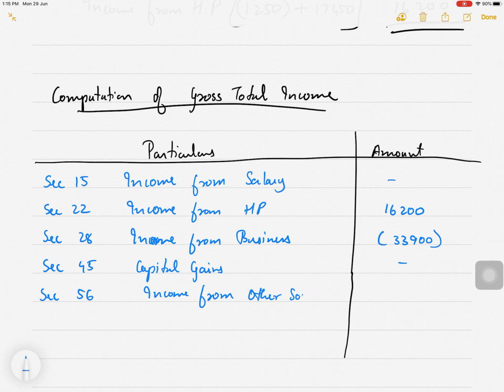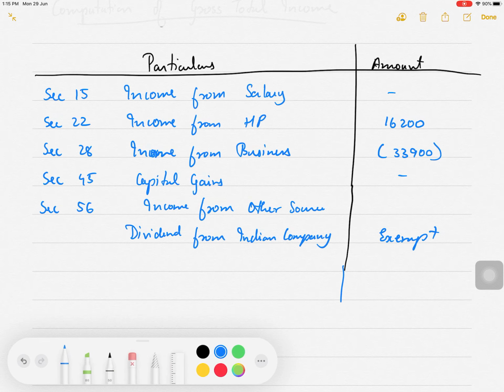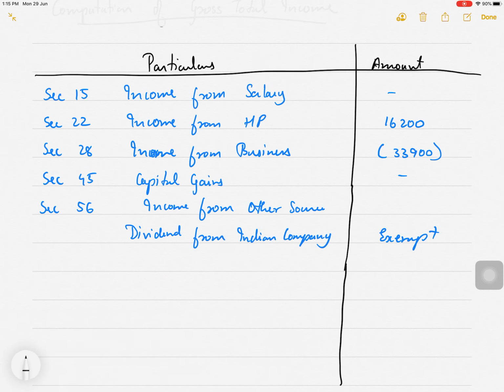Section 56, income from other sources. There is one, dividend from Indian company, which is exempt.